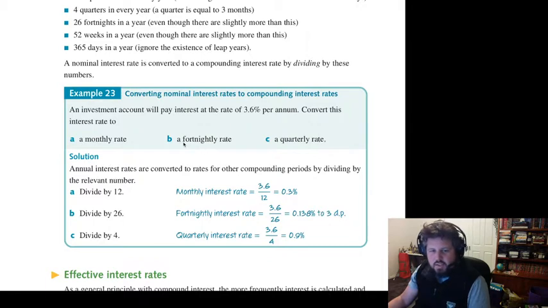If you're asked to calculate the fortnightly rate, there are 26 fortnights in a year, so you divide by 26. For a quarterly rate, there are 4 quarters in a year, so you divide that value by 4, which gives us that percentage. Pretty easy calculation as long as you get the right number for each of those and you know your basic days of the week.